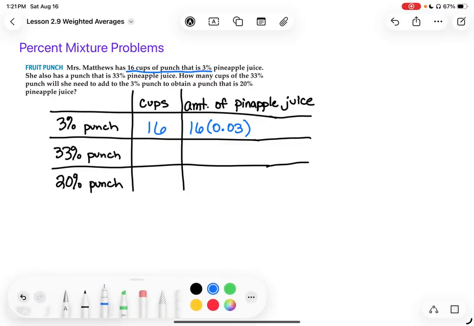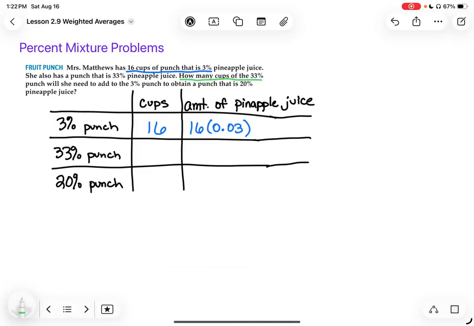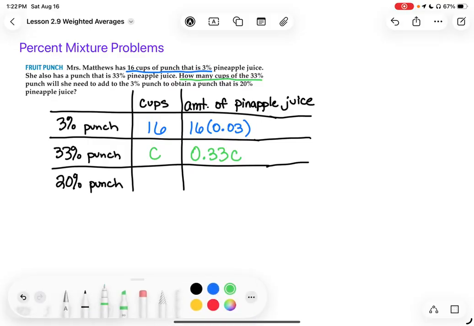Okay. So then let's look at our 33% punch, and we don't know how much of that there is because that's the question. How many cups of 33% punch? So that's going to be our variable. Let's use C for cups. And that means the amount of pineapple juice is going to be 33% times C. And then in our last row is where we're going to put our mixture.